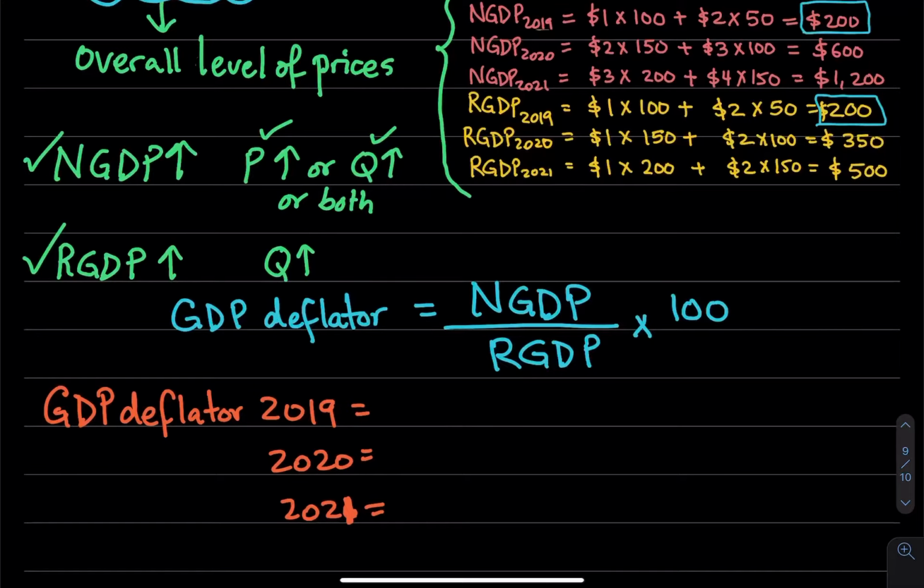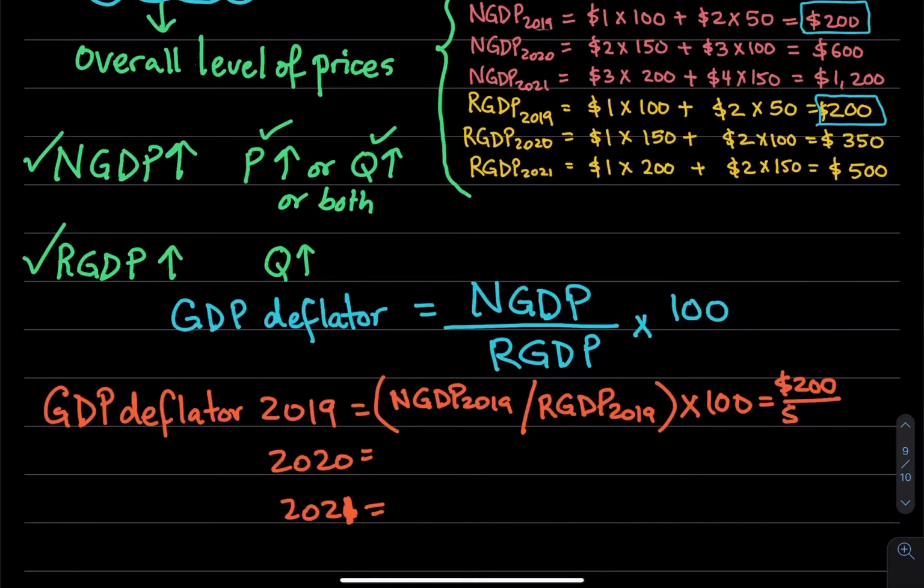I'll write the first one out and then you can do the rest on your own. The GDP deflator in 2019 is the nominal GDP in 2019 divided by the real GDP in 2019 times 100. Looking at those numbers, this is $200 divided by $200 times 100, and that value is just equal to 100.